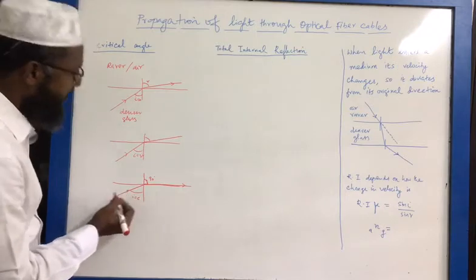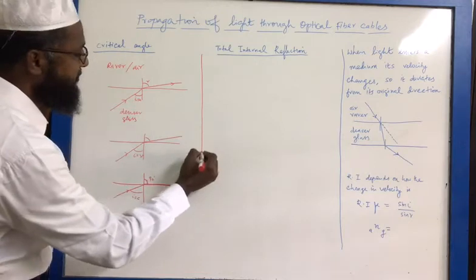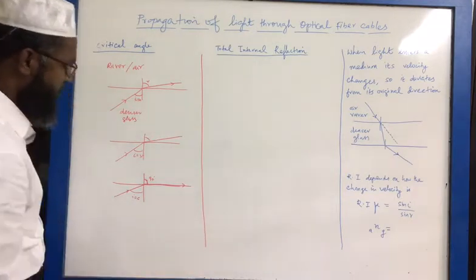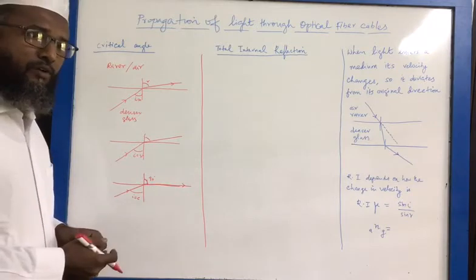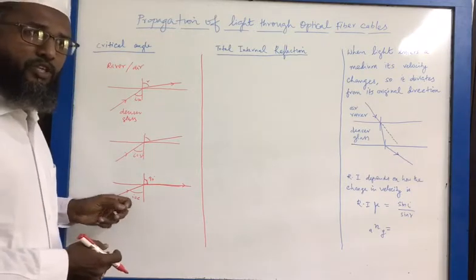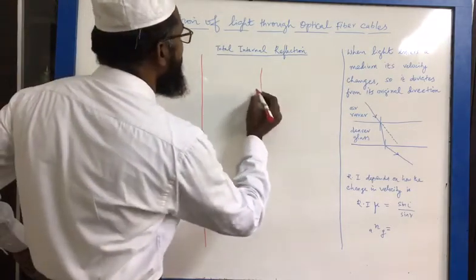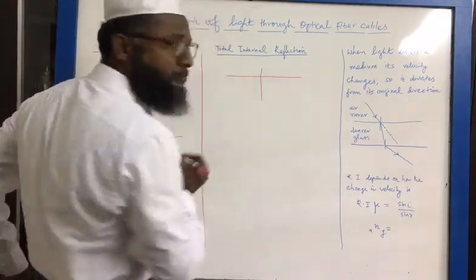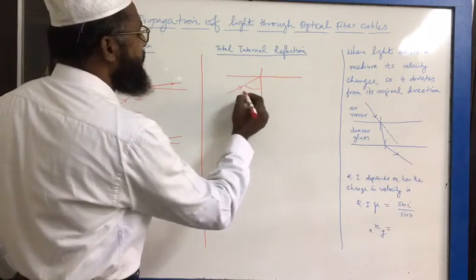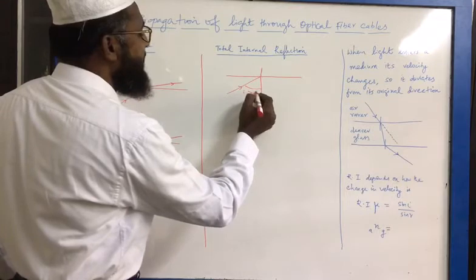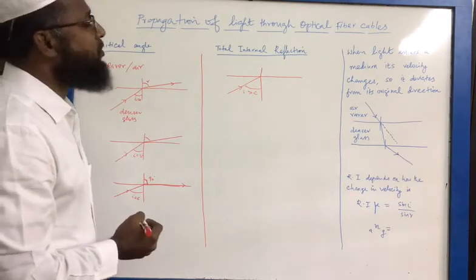Now, for the case of total internal reflection, we need to understand from this point, where the angle of incidence in the denser medium is equivalent to critical. Now, you can imagine for the same pair of media, if I increase the angle of incidence in the denser medium slightly greater than the critical angle, what happens with the ray?